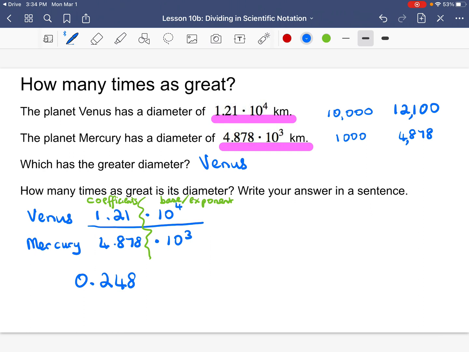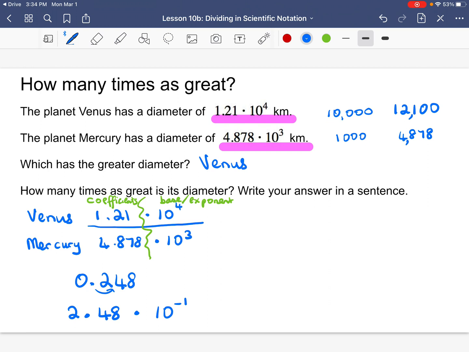Now that's not suitable for scientific notation because it's not between 1 and 10. So I'm going to move the decimal place to get 2.48. Now what do I have to multiply 2.48 by to get back to 0.248? I'm going to multiply by 10 to the power of negative 1.